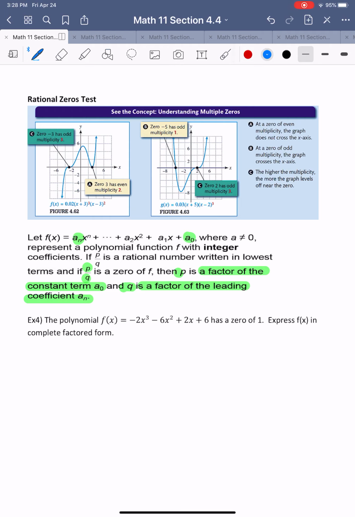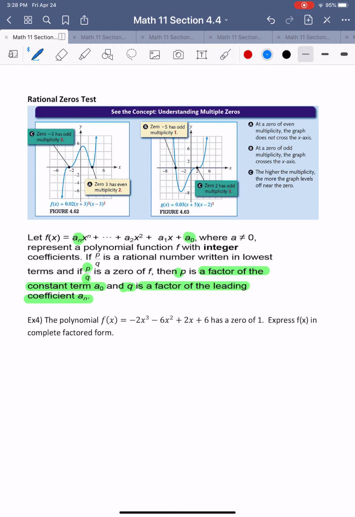We have the polynomial f of x equals -2x cubed minus 6x squared plus 2x plus 6. The problem already gives us a 1 as a zero here.